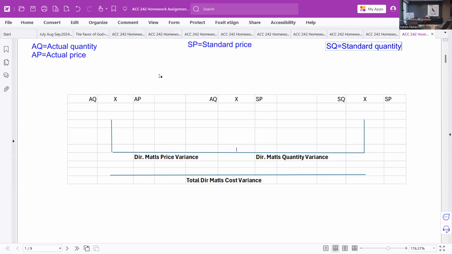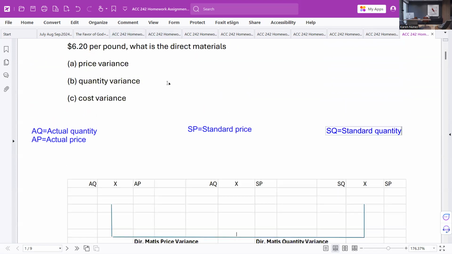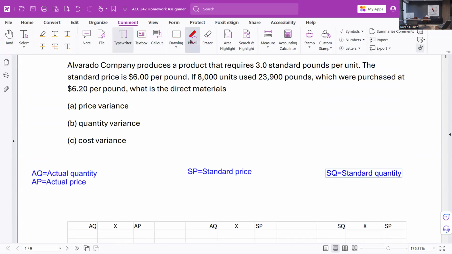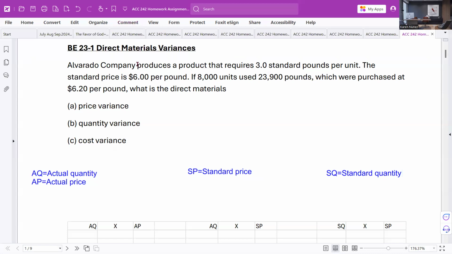23-1. Let's make a note of what we're given here. We've got some information that we need to be able to evaluate. We are given information about the standard pounds needed per unit. I'm just going to highlight the givens. A product requires 3 pounds of this raw material per unit.